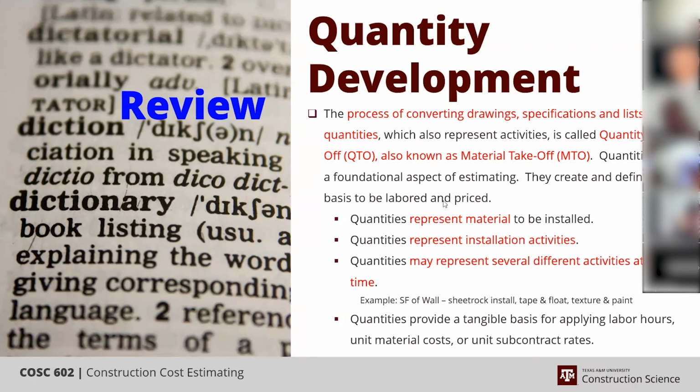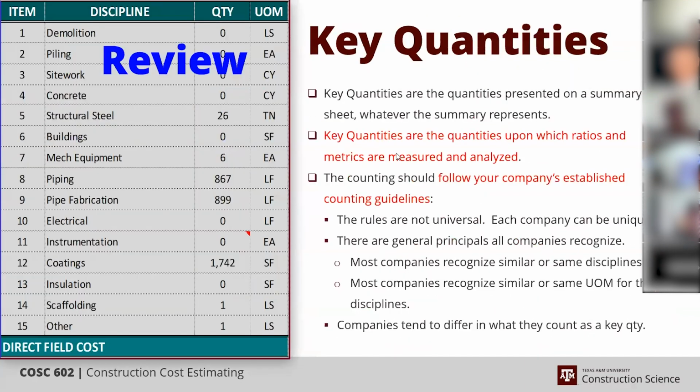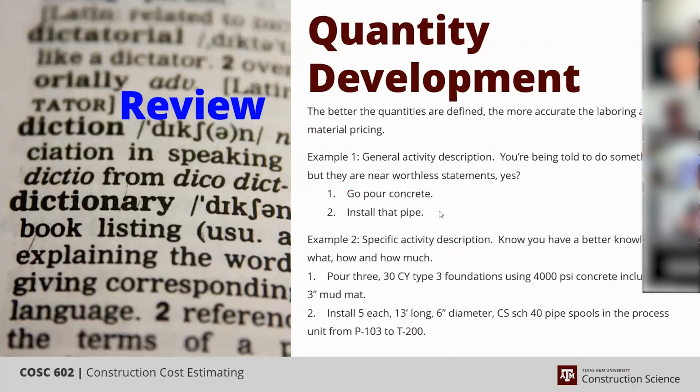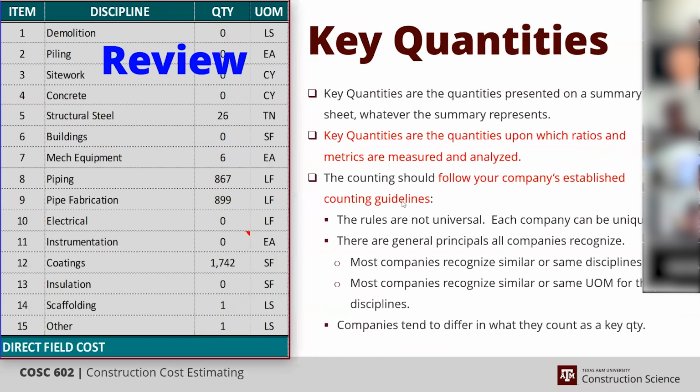Another reminder, and this will be the last time we talk about it: quantities represent material as well as installation activities, and they may represent more than one activity at any given takeoff or any given item. Key quantities are the items that are captured at the high level that we measure our ratios and metrics by.